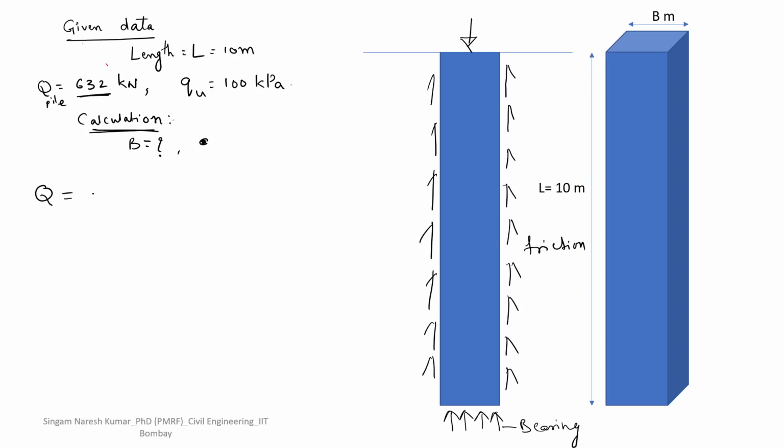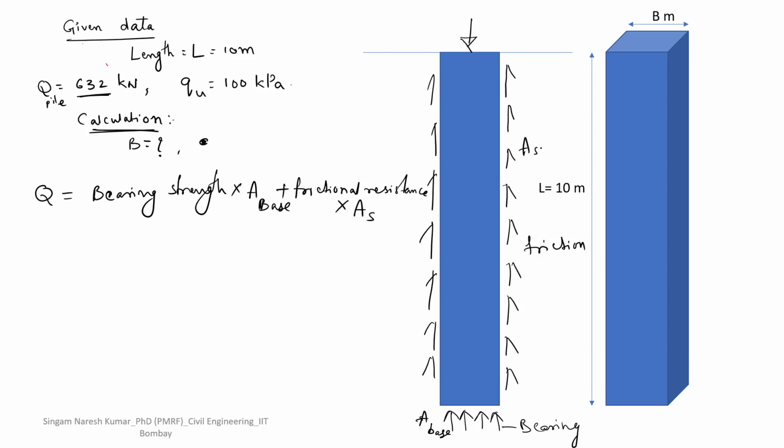Now from this we can write the formula. Bearing strength into area of the base, plus frictional resistance into surface area.